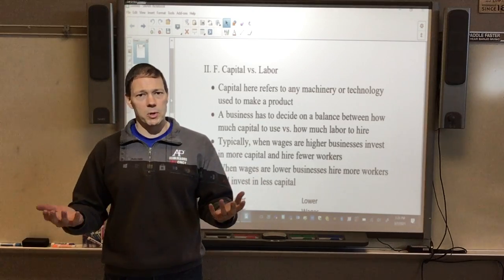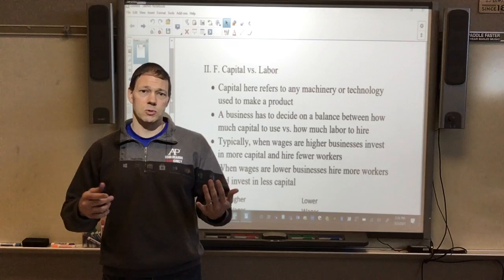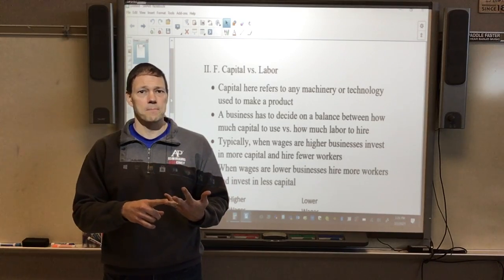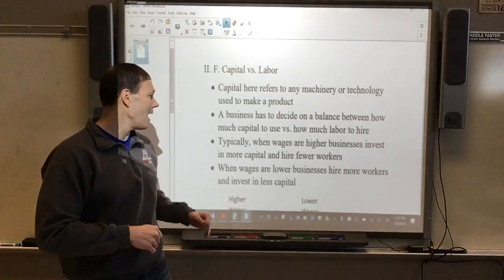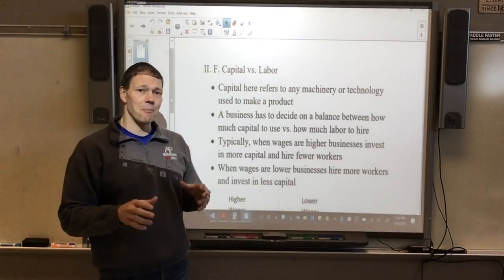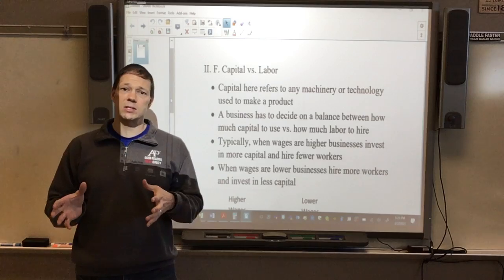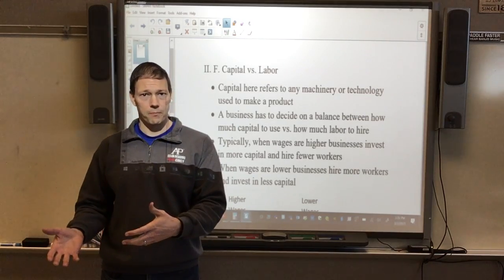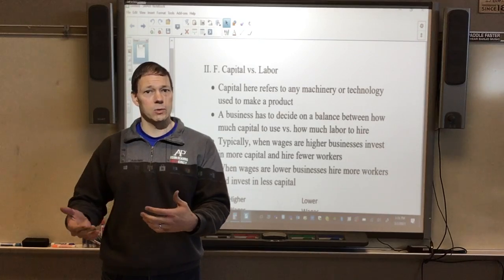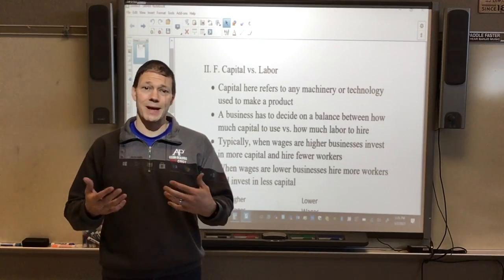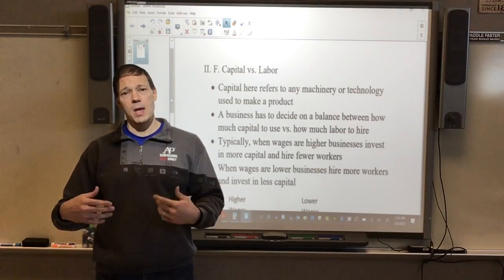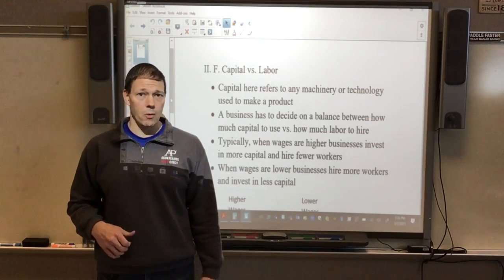Generally speaking, there's a pretty easy rule here. As you look either in a particular industry or in a particular nation, when wages tend to be higher, you tend to see that businesses are going to invest in more capital and then hire fewer workers. So wherever wages are high, and there are certain industries or nations where wages are high, you tend to have more machines and fewer people. In situations where wages are low, it's the opposite.